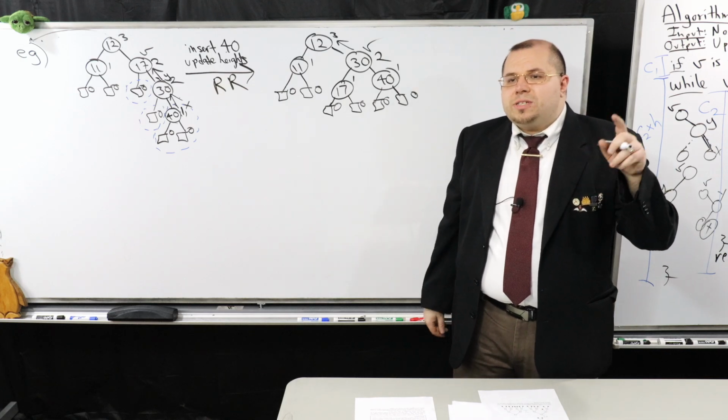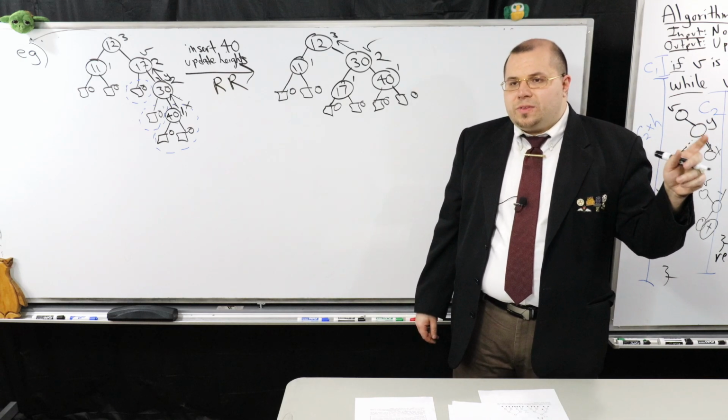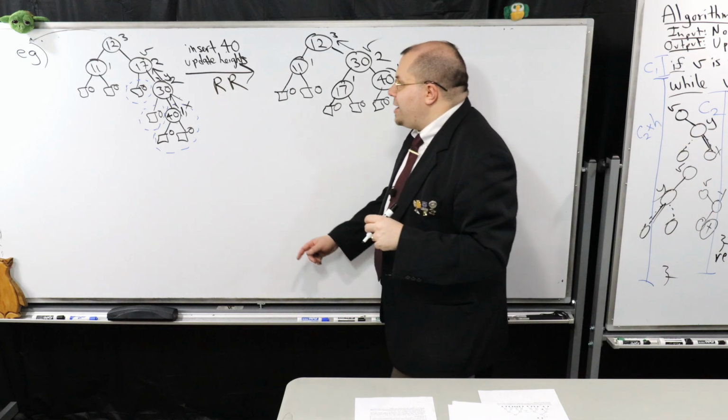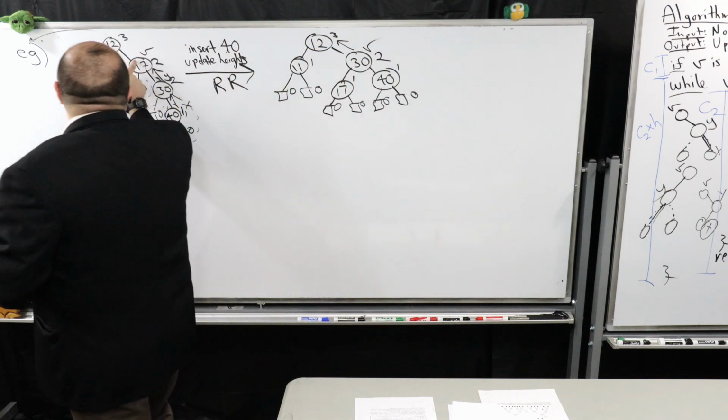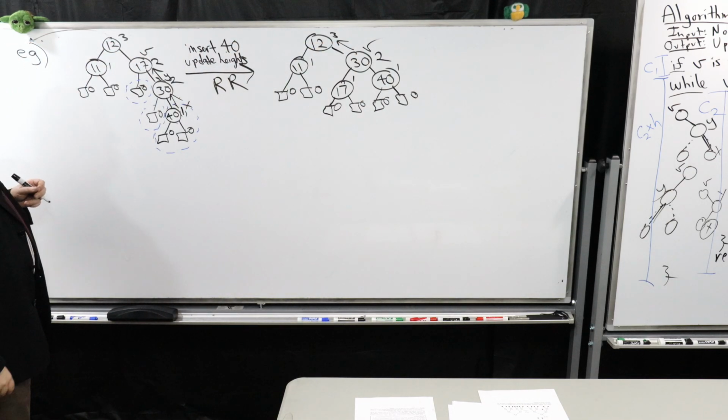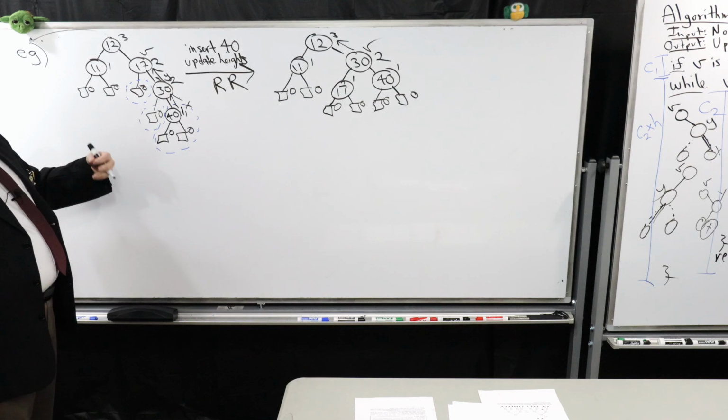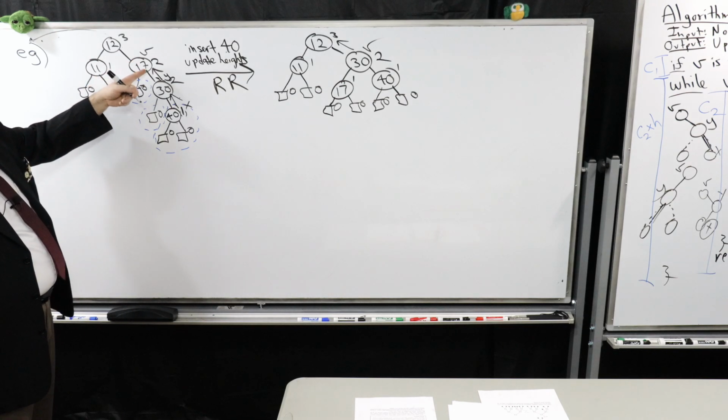So we always rotate from the parent of the current node. So keep in mind, V is the one that has the imbalance at it. And we determine how the rotation occurs based on this pattern.